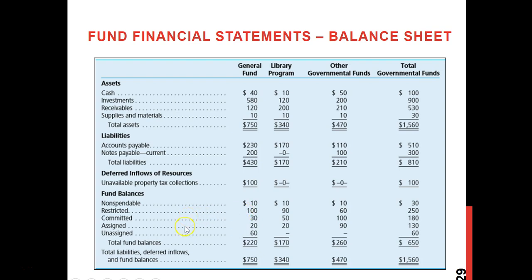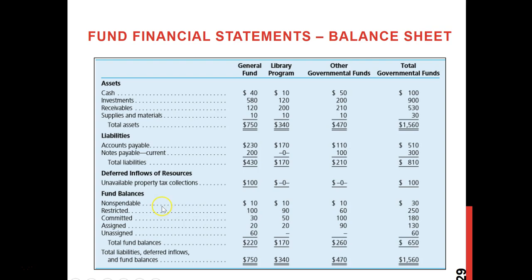Now the third category is committed. For this committed fund, they have some amount of funds that can be used for a particular purpose, but those restrictions are not imposed by an outside party. Rather, those commitments, in one sense, you can say, are made by the highest level of decision-making authority within the government.